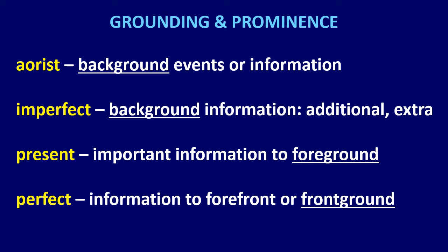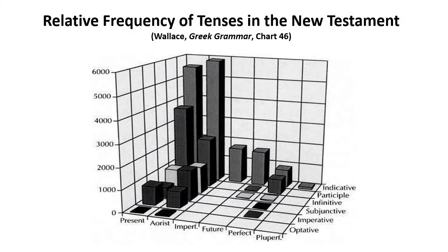Aorist is often used for that. Sprinkle in some imperfects, and you've got some additional information for that background. The present tense kind of zooms you into what's happening more right in front of you, foreground information or material, whereas the perfect tense really focuses you on something in the very front ground. So that's what I mean by grounding and prominence.